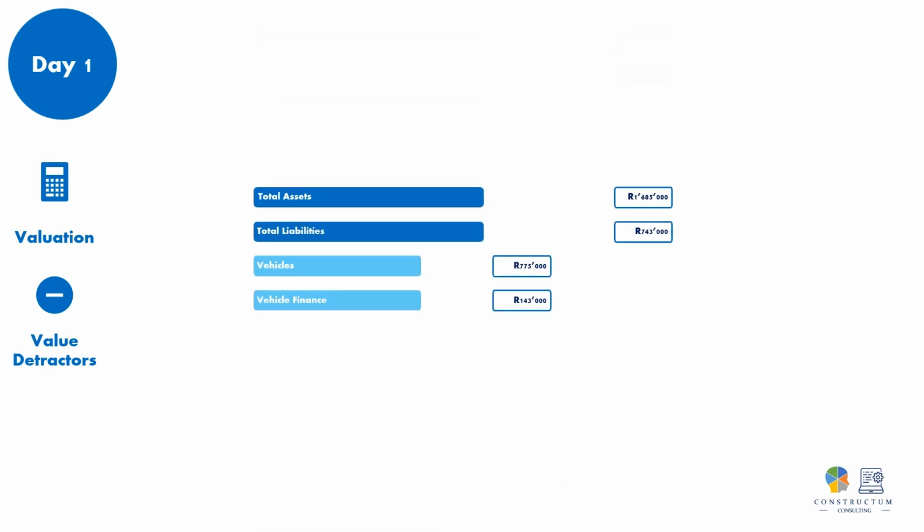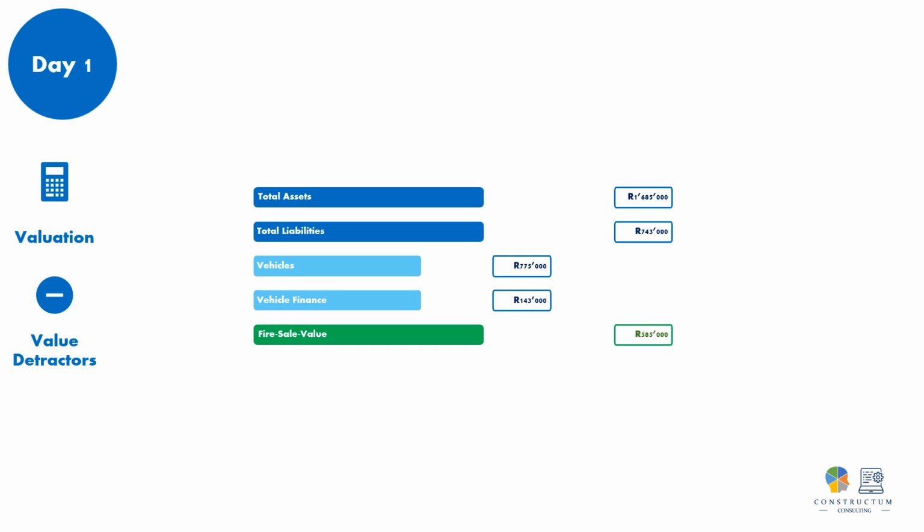We may have to make some adjustments if, like in this example, the business owns and has financed a vehicle that the owner uses and intends to continue using for personal purposes after exiting the business. After making these adjustments, we arrive at a fire sale value of 585,000 Rand.